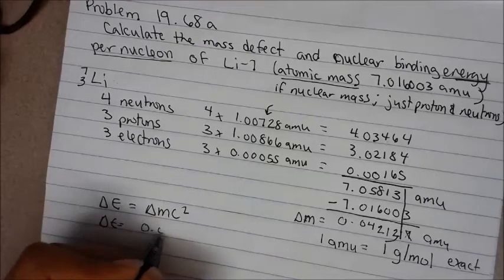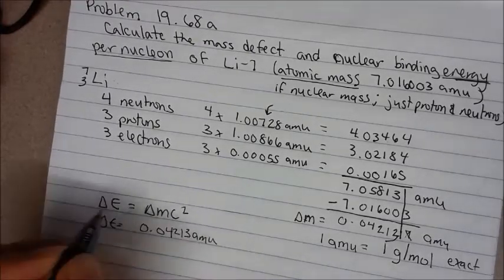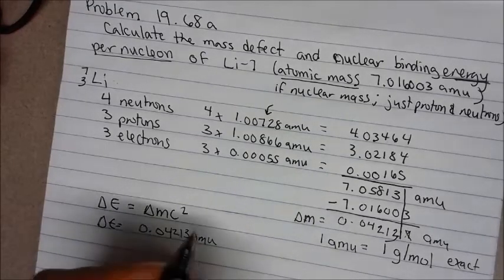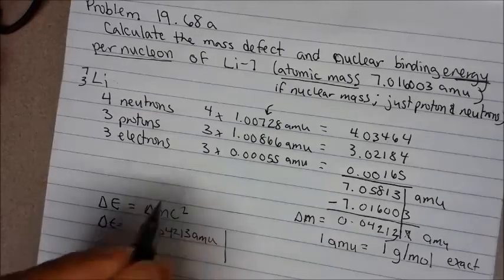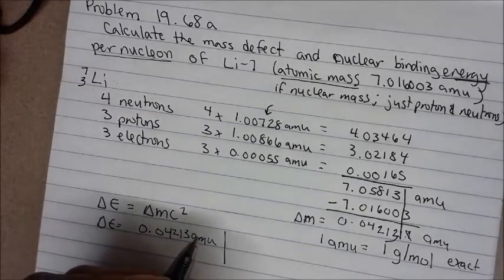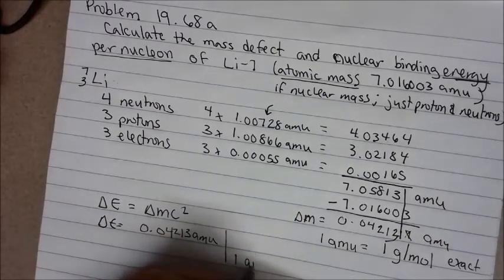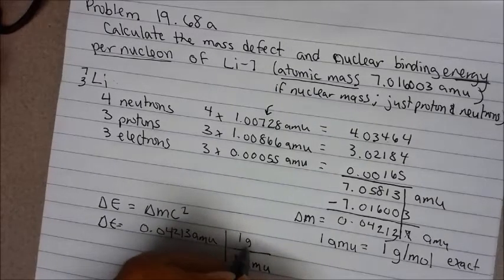So we have 0.04213 AMU as the mass difference. And we know that 1 AMU is 1 gram per mole.